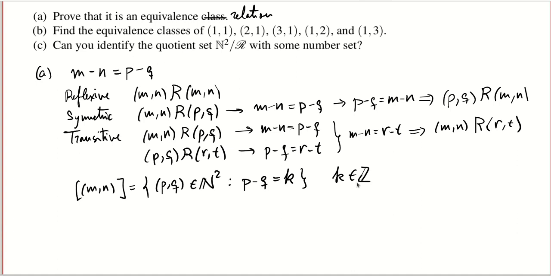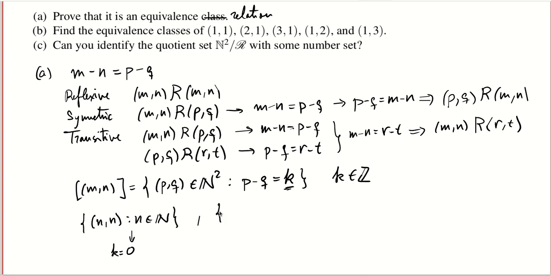So actually, the whole class is identified by this integer here, right? So according to this, there are these equivalence classes. The first one is the class of the zero, which contains all pairs of the form (n, n), right, where n is a natural number. Okay, clearly these are all pairs whose difference is 0. So that's the class corresponding to k equal to 0, right?